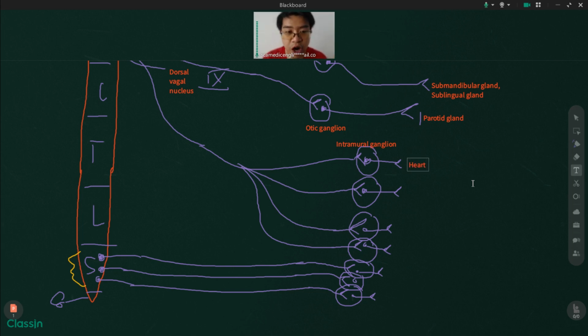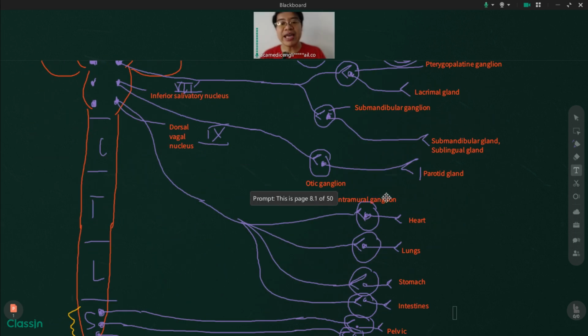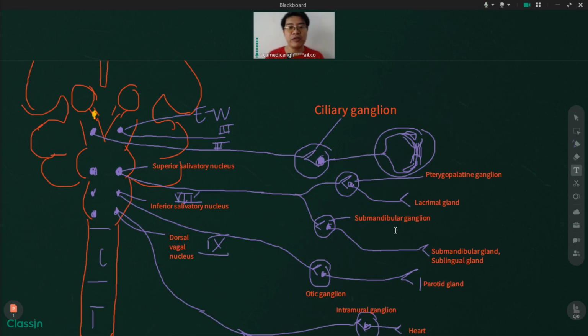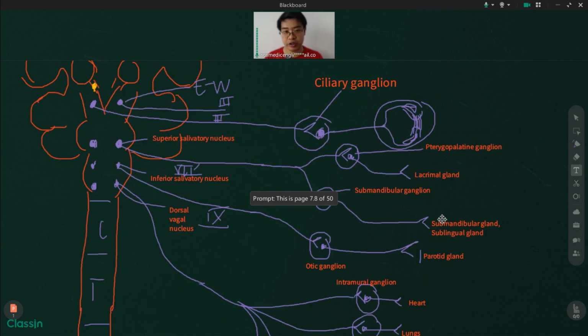So for example, this one goes to the heart, maybe this one goes to the lungs, maybe this one goes to the stomach, maybe this one goes to the intestines, something like that, right? And after that, these go to the pelvic organs, okay. So yes, that is how the preganglionic and postganglionic parasympathetic neurons are structured, okay.